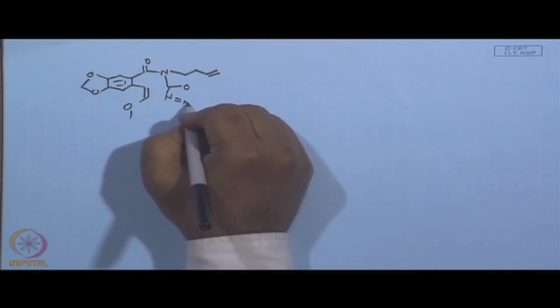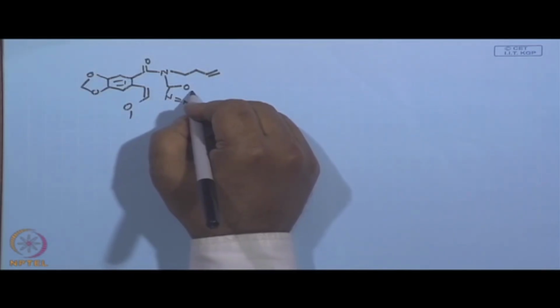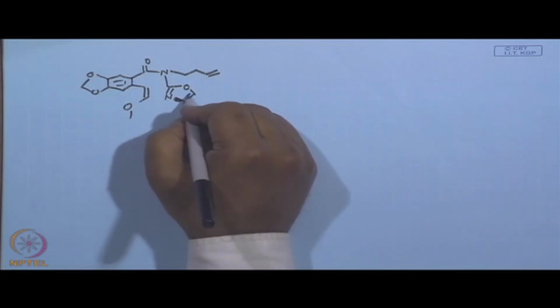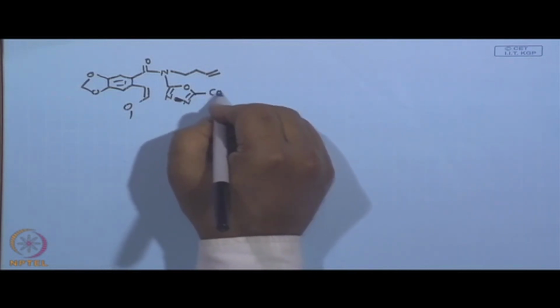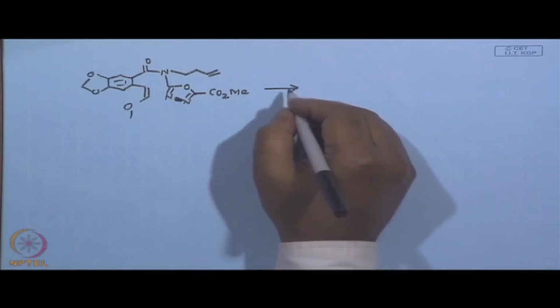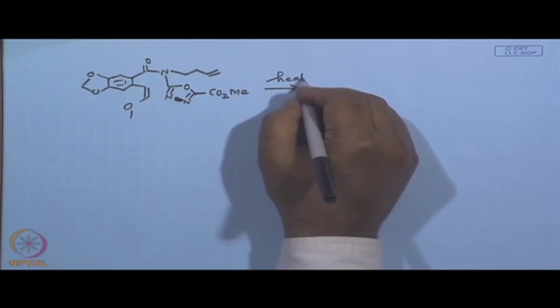Oxadiazole means in this case 1, 3, 4 oxadiazole, sorry, and simply heat. That is the beauty of Diels-Alder reactions. If you have a properly designed substrate, you can do a Diels-Alder reaction.